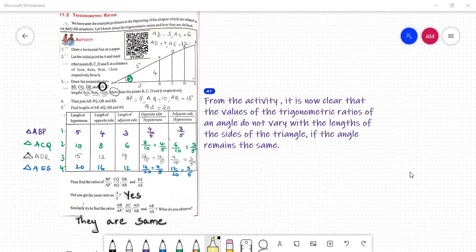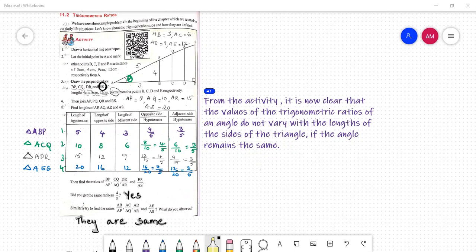In the previous session, we discussed a small activity of drawing different right angle triangles and comparing the ratios of opposite side and hypotenuse, similarly adjacent side and hypotenuse.